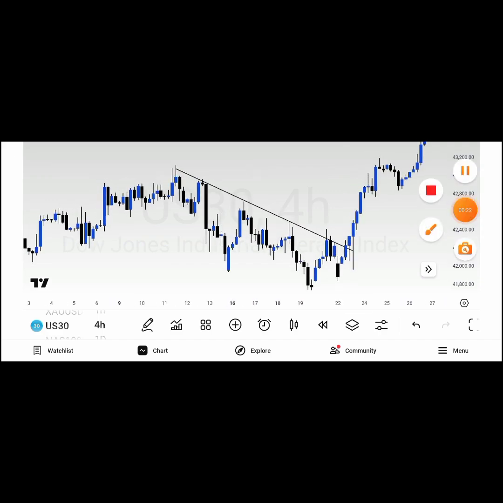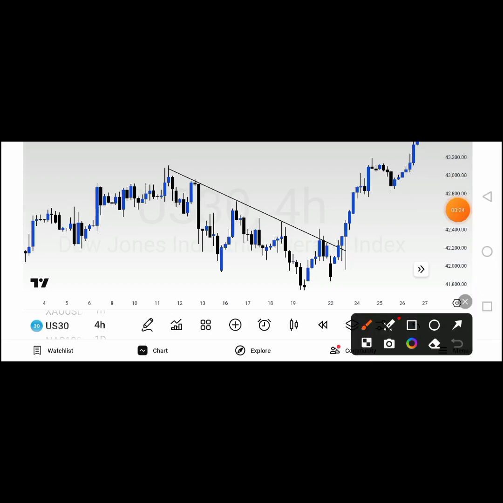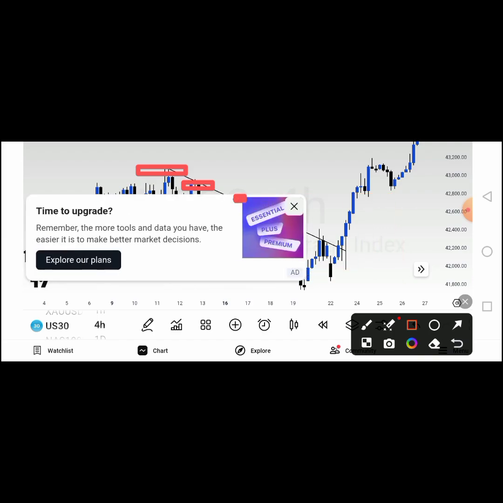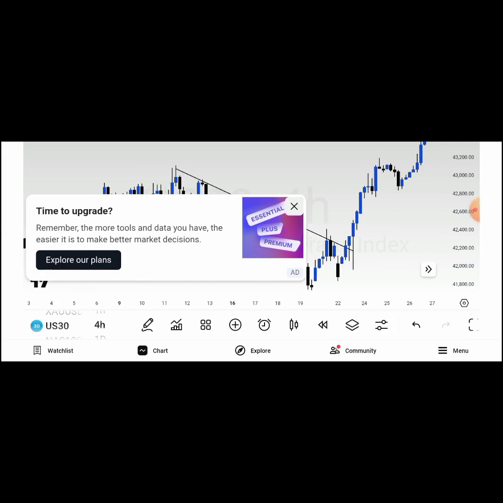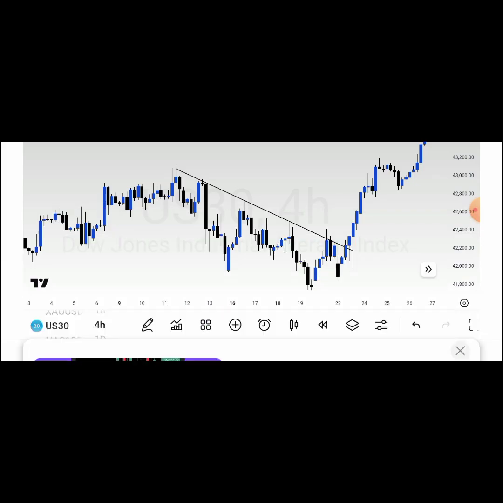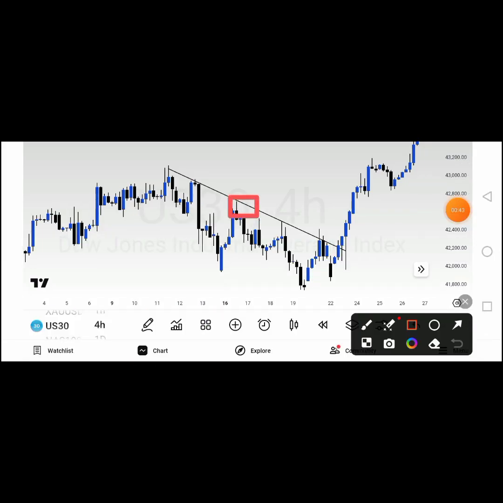So you can see we have this touch here, this second touch here. If the market came to that point there, then this point here, then we'll be selling from there.